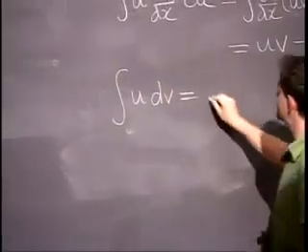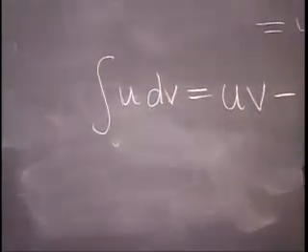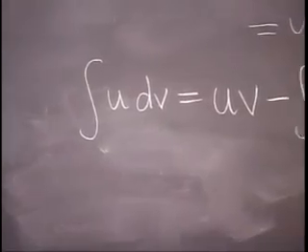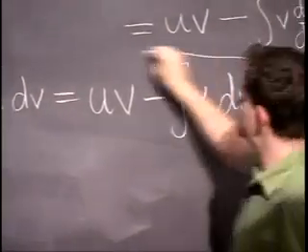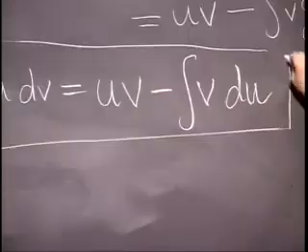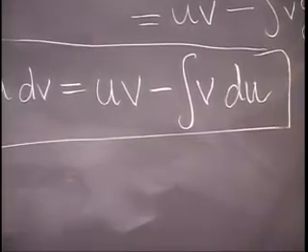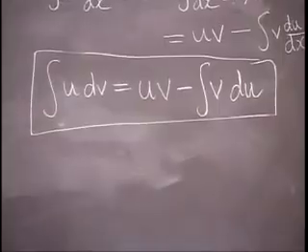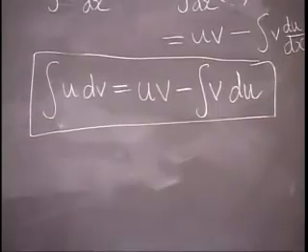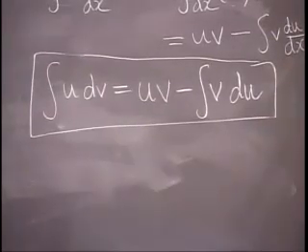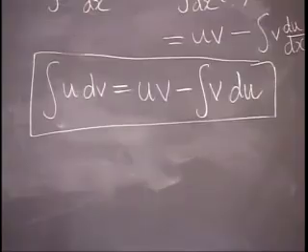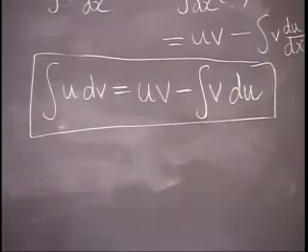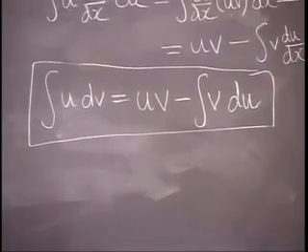I suggest the shorthand notation, which looks like this. More or less the previous formula with the dx's cancelled out. The integral of u dv is equal to u times v minus the integral of v du. That's the formula, almost meaningless by itself, but nevertheless, as I say, I hope to give it some meaning.